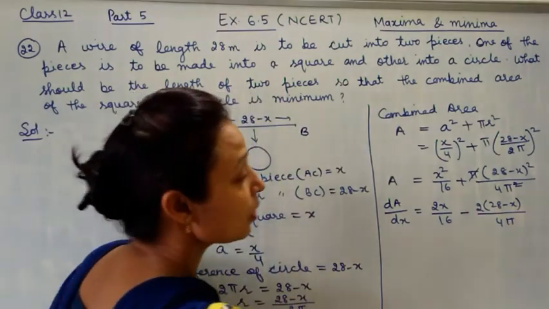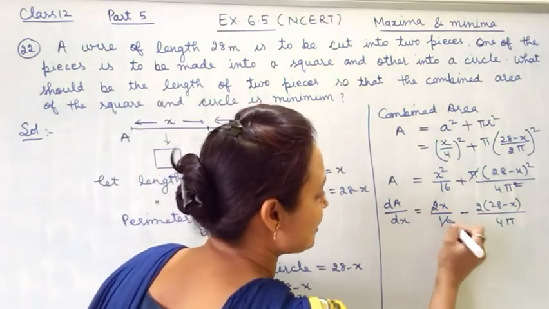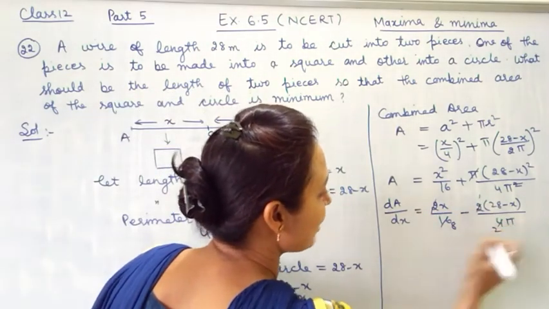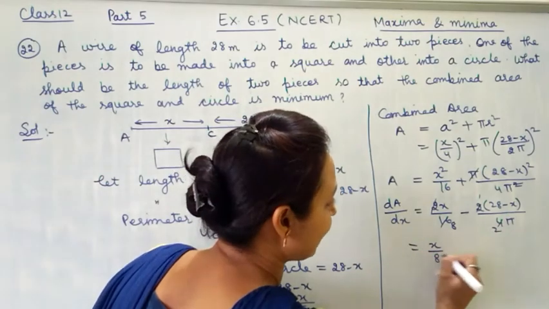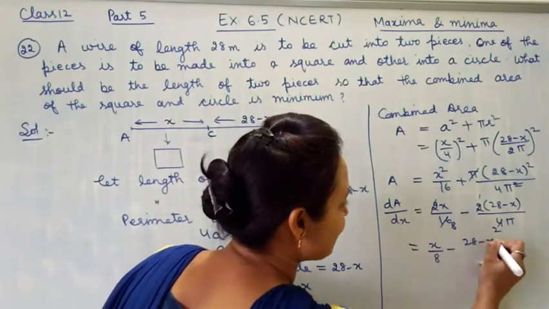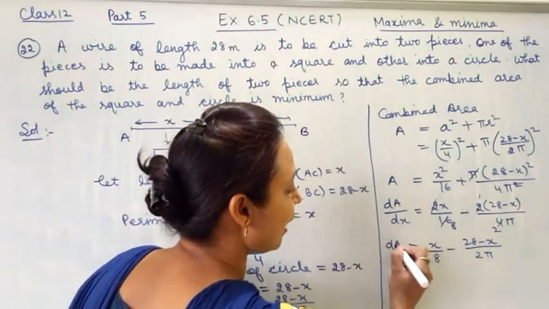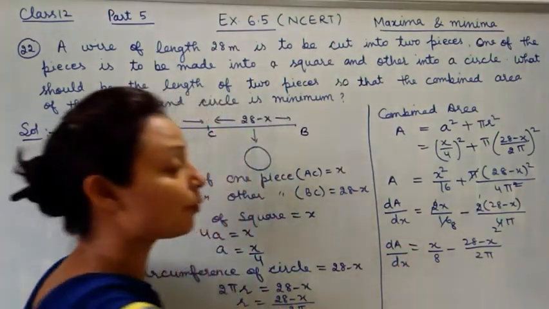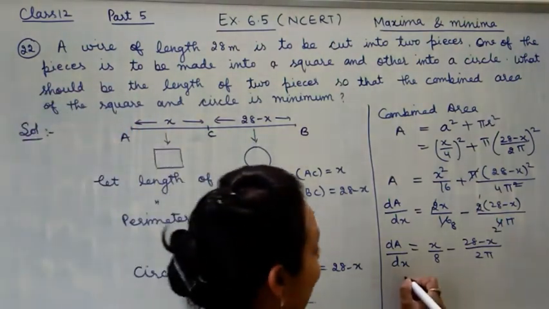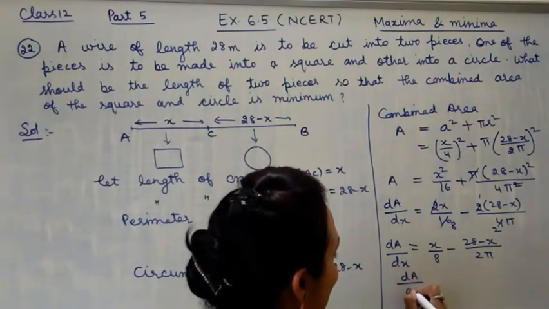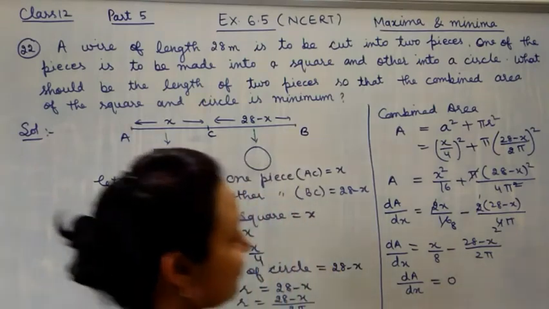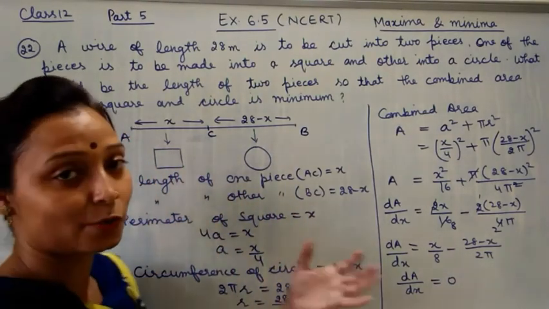Okay, so I will cancel: 2 eights are 16, 2 twos are 4. So it will be equal to x upon 8 minus 28 minus x upon 2 pi. Our next step is to equate it to 0 at the critical points. So dA upon dx is equal to 0.